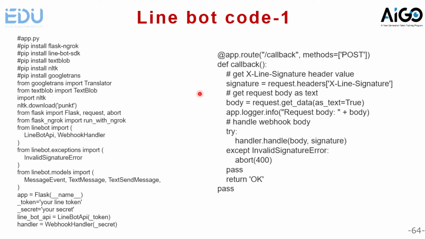So this is all the code for the LINE bot regarding the AI psychological analyzer. And the most important one is here, I think.